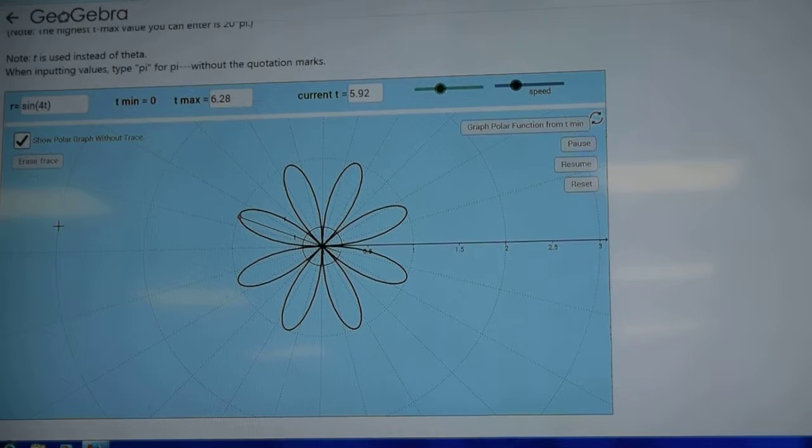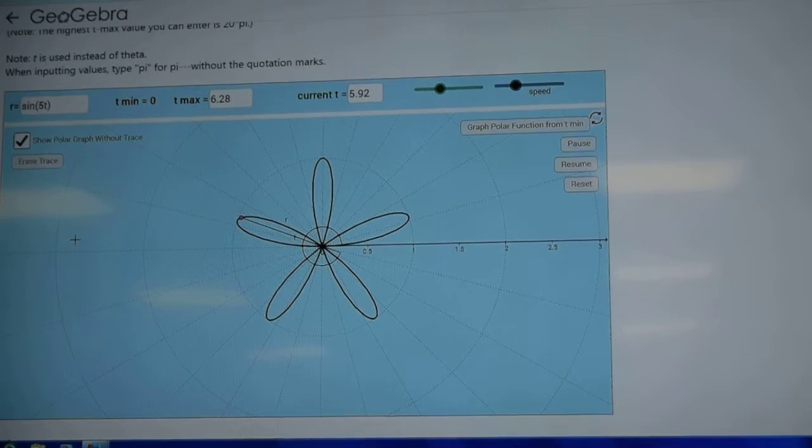And the pattern is like this. If the number that you have here is even, then the number of petals is doubled. So if I put 6 here, it'll be 12 petals. Put 10. But if I put 5, which is an odd number, then there will be 5 petals. So it treats the even and odd differently.